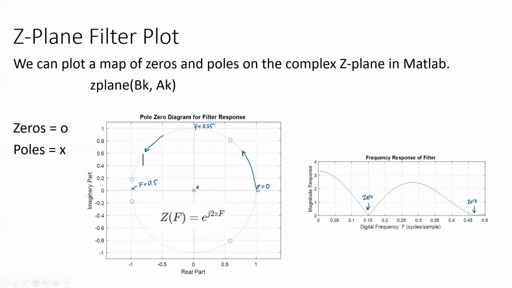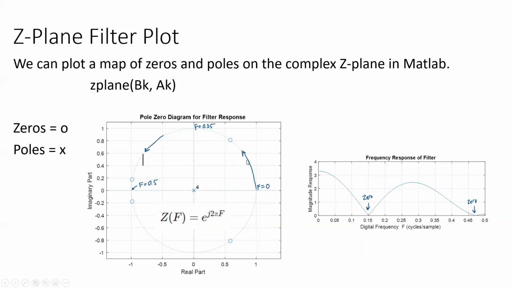As your frequency moves through here, it's going to be convolutionally multiplied by whatever the transfer function is. And the thing that's closest to it is what's going to dominate.